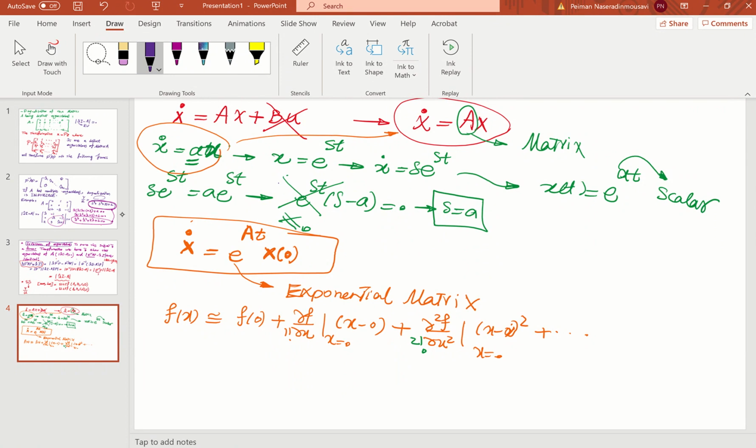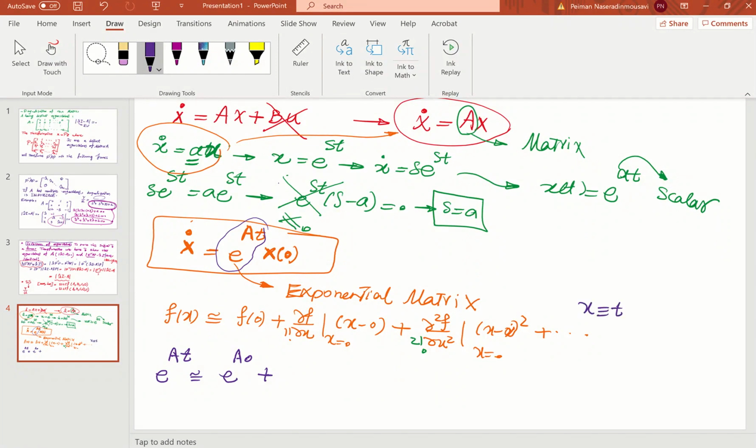Now I want to find this matrix exponential using the Taylor series expansion. So see, e to the At, your variable here is t, not x, is e to the A0 plus its time derivative with respect to time. Your x is time here.